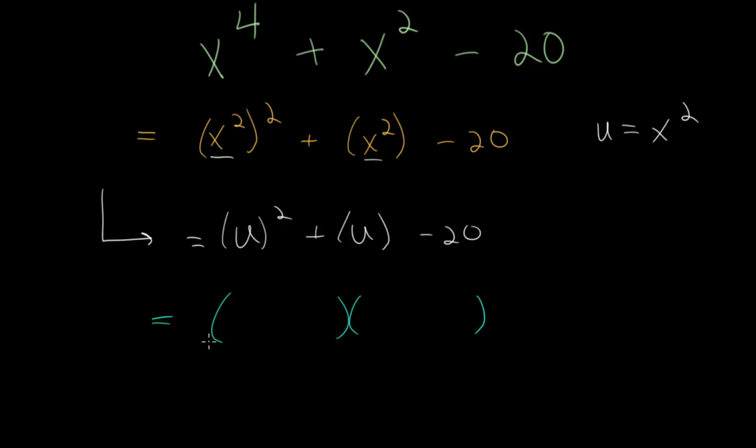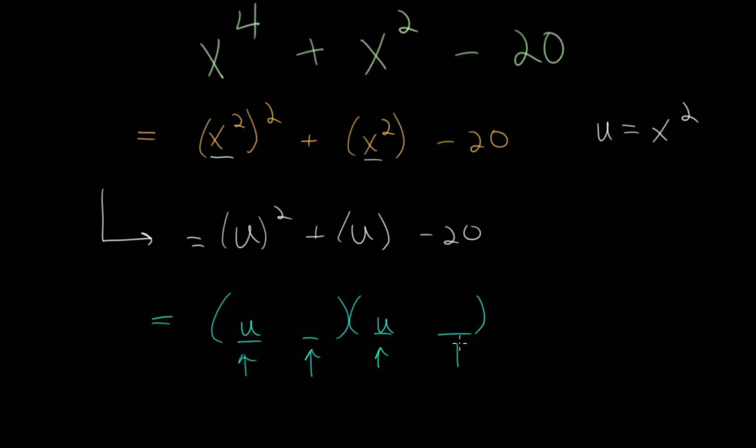So with these two binomials, we know they each have two terms. And the first terms will multiply to give us u squared. So each of these have to be u, since the coefficient on u squared is just 1. If it was not 1, then we can try factoring by grouping. But since it is 1, we know each of these are u, since when we remultiply this out, u times u is u squared.